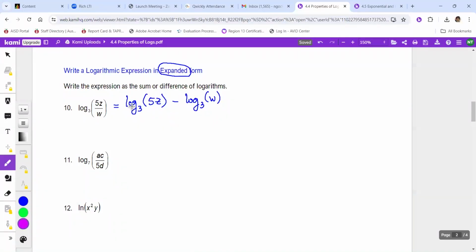Step 2, we go back and apply the product property to expand this log. So that will give us log base 3 of 5 plus log base 3 of z. And then lastly, we just copy the last term, log base 3 of w.